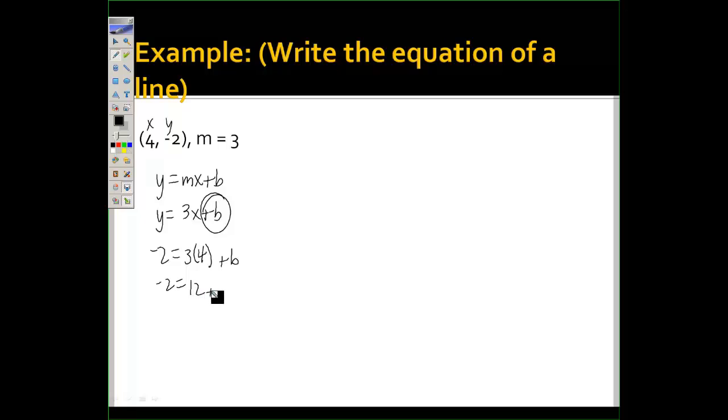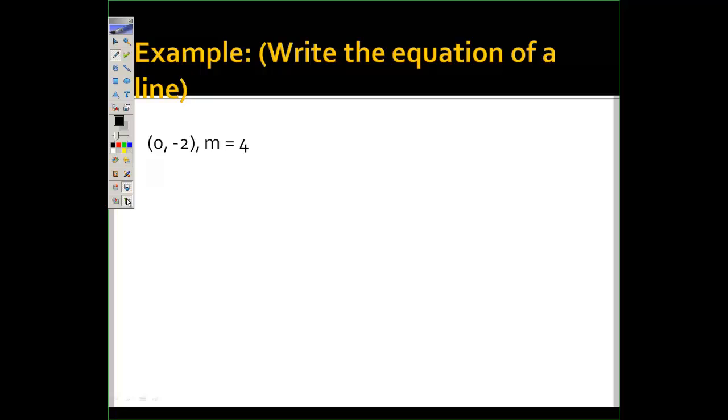I know that -2 must equal 12 plus b. If I subtract 12 from both sides, b must be equal to -14. So y must equal 3x plus, or better yet, minus 14. That is the solution. That is how you write an equation of a line, given a point and a slope.